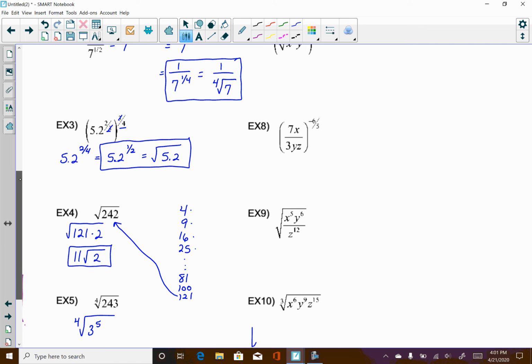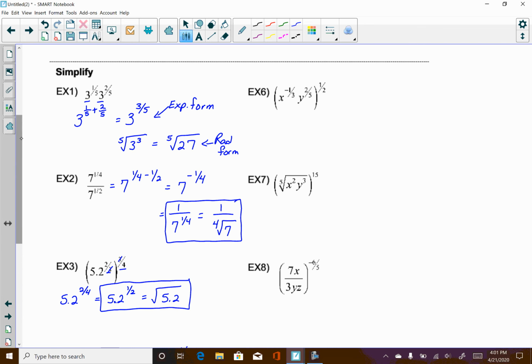So come back up. Example 6. Here you're raising a power to a power, so we're going to multiply. So we would have x to the negative 1/6 times y to the, those 2's would cancel out, to the 1/5. So I don't want to leave negative exponents, so I would have y to the 1/5 up top, and I would move x to the 1/6 on the bottom.